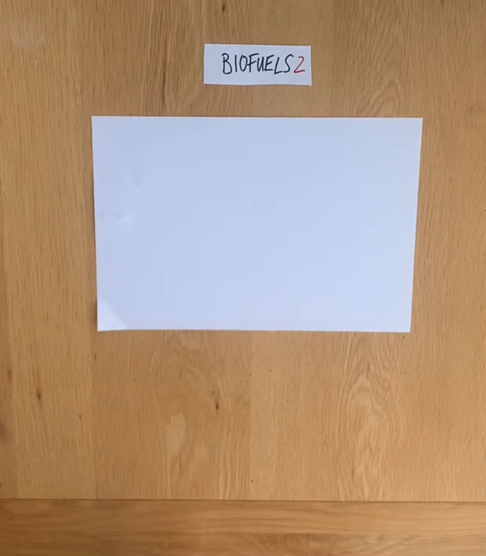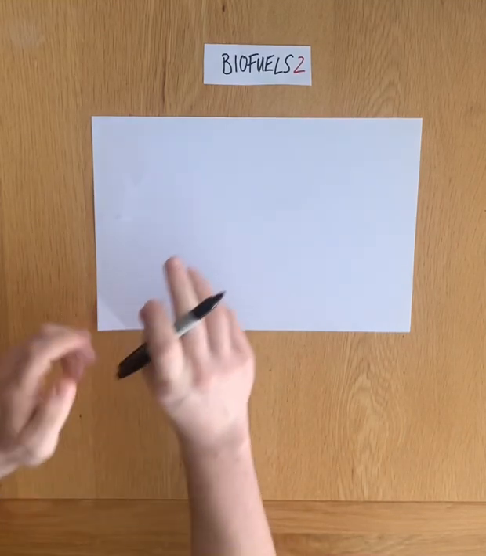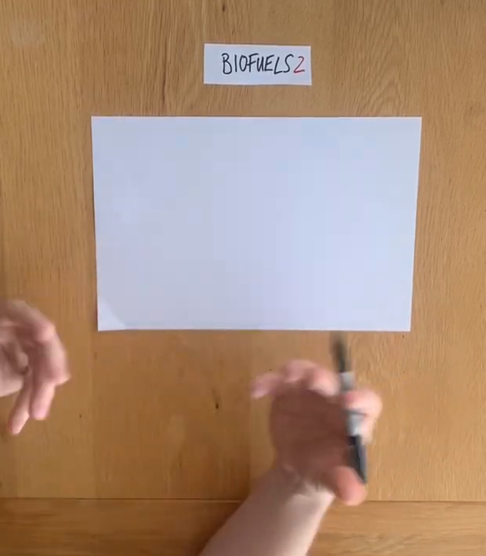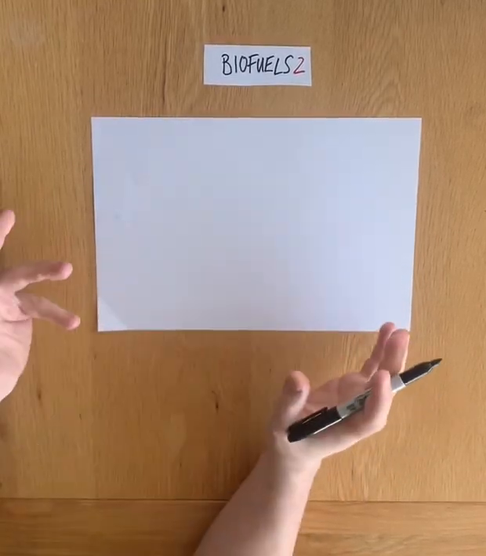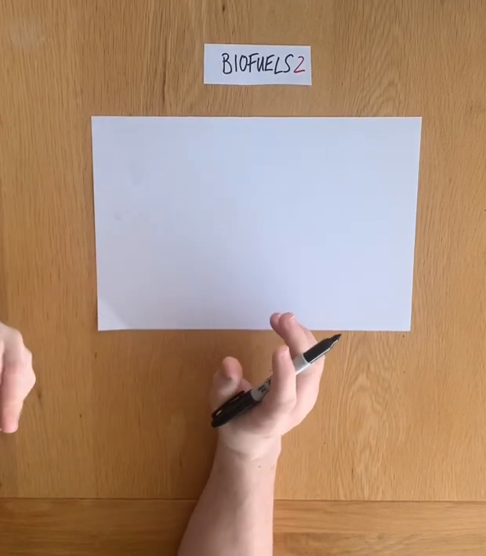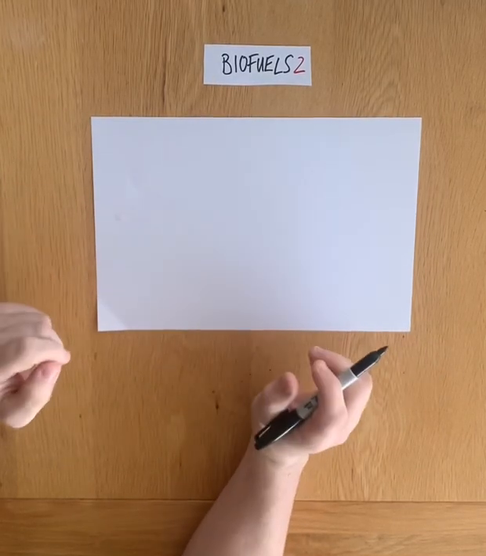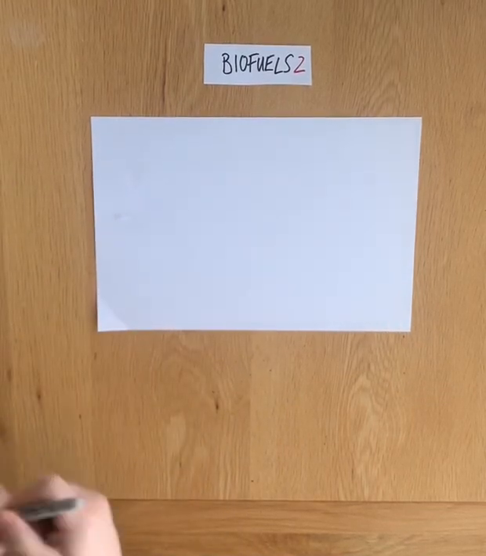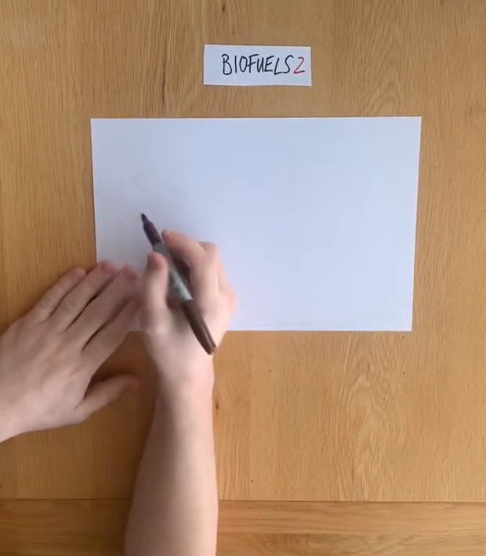So biodiesel is a biologically produced version of diesel. It's a fuel that will combust virtually identically to diesel, but it's not produced from crude oil. So again, how does this biofuel start?